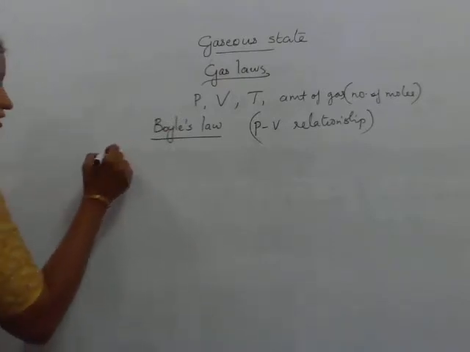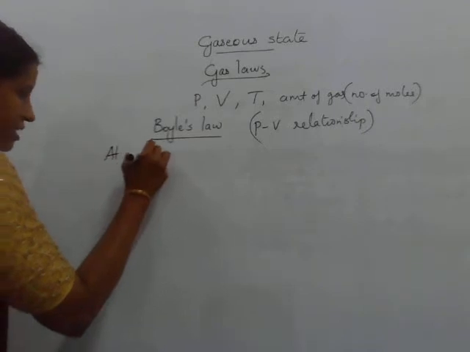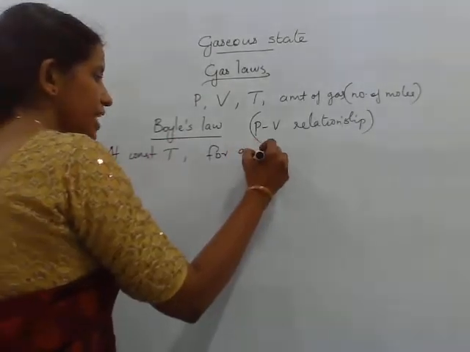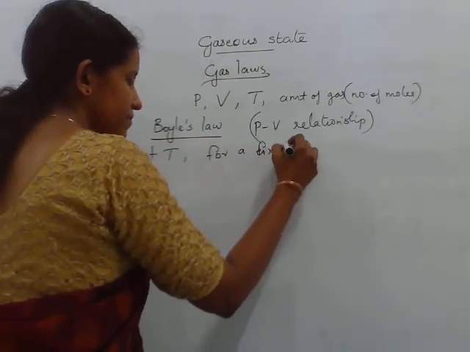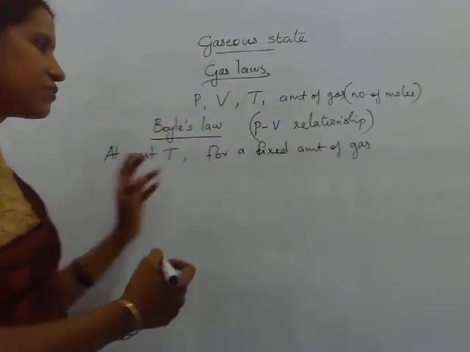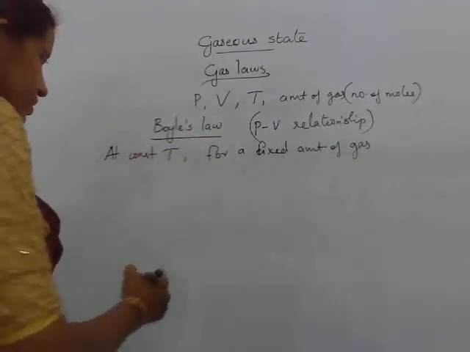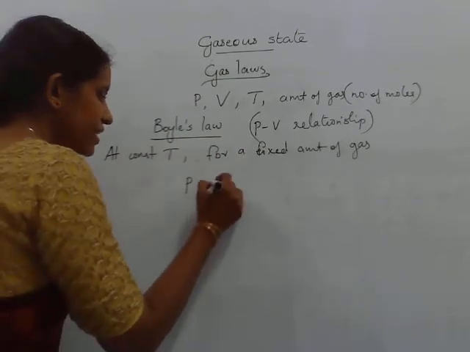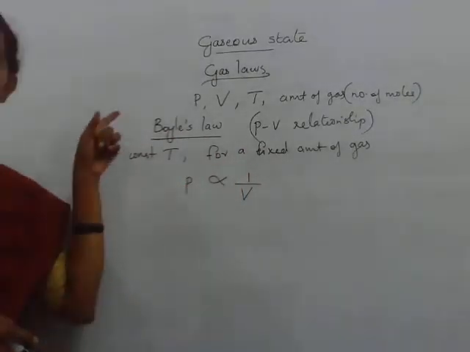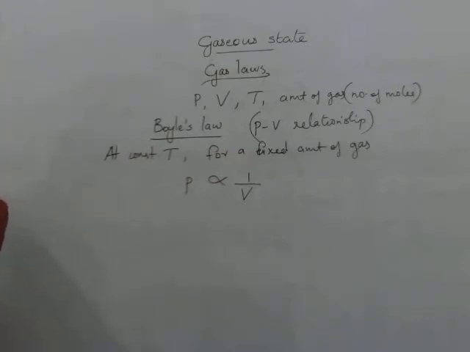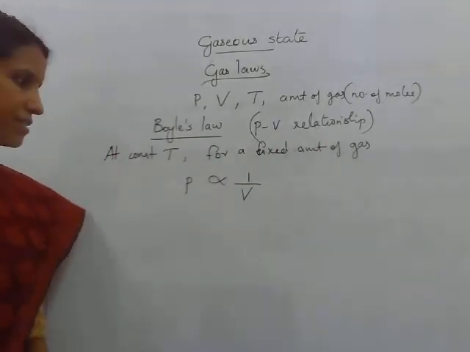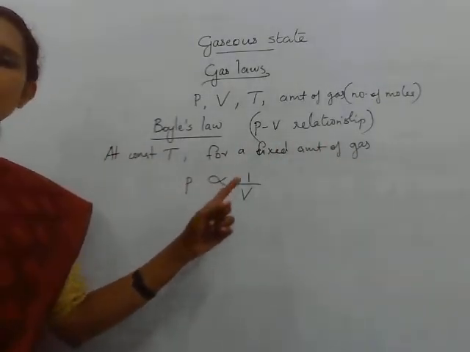The law states: at constant temperature, for a fixed amount of gas, fixed amount meaning a fixed number of moles, pressure of the gas varies inversely with the volume. This is called Boyle's law.